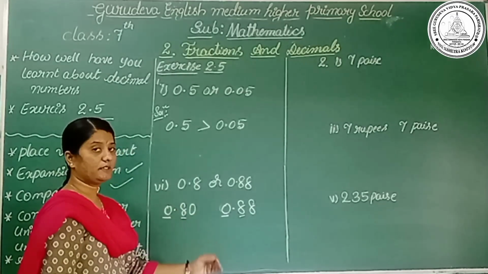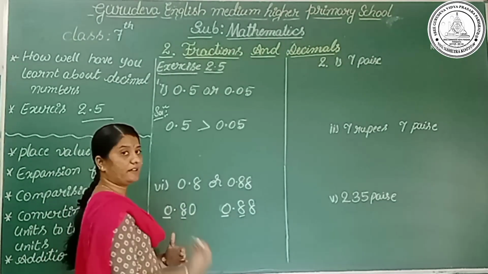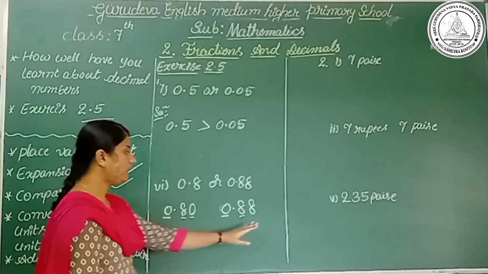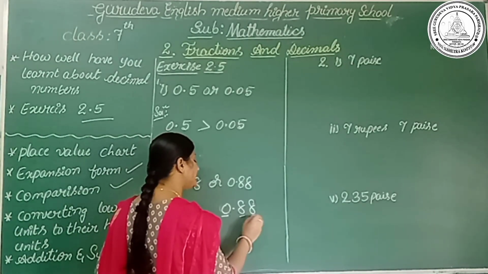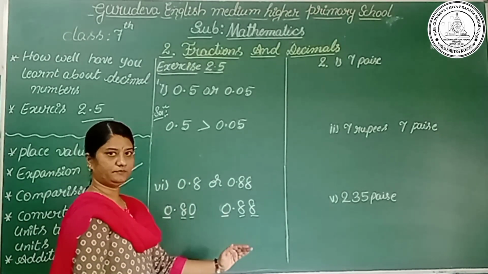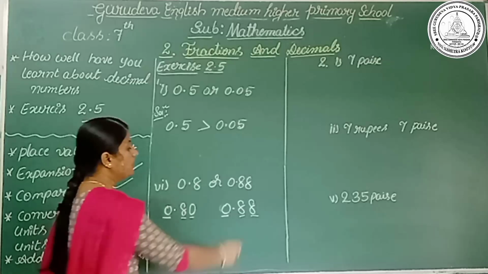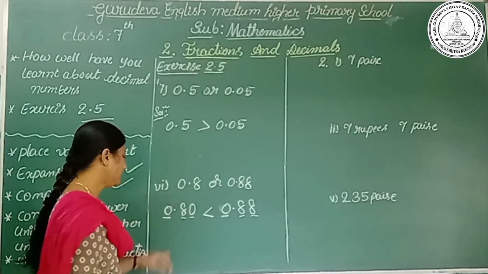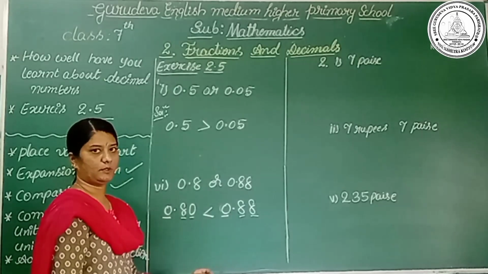So let's compare the next place, that is hundreds place. In the hundreds place there is a 0, and in this number in the hundreds place there is an 8. So now you compare which is greater. Yes, absolutely. So 0.88 is greater than 0.80.